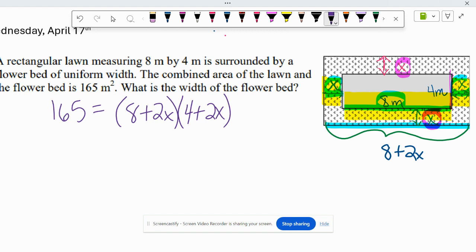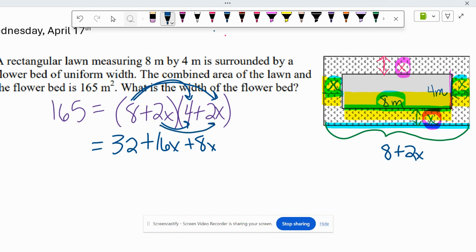Okay, so now what? I have to FOIL. 8 times 4 is 32. 8 times 2x is 16x. 2x times 4 is plus 8x.